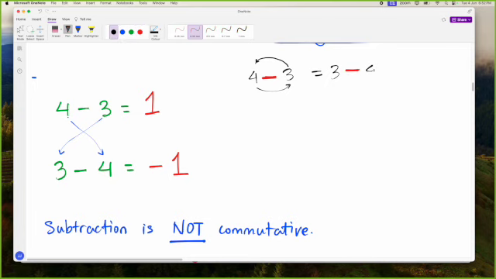Well, these are not equal. But I could shift things around if I wanted to. You know why they're not the same? Look at this question here.